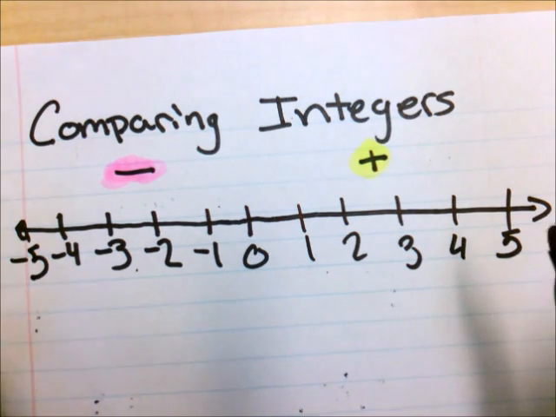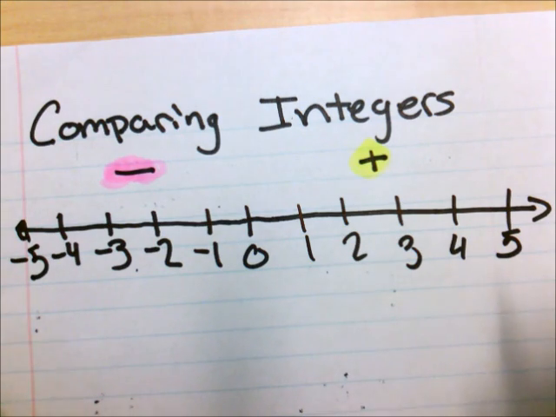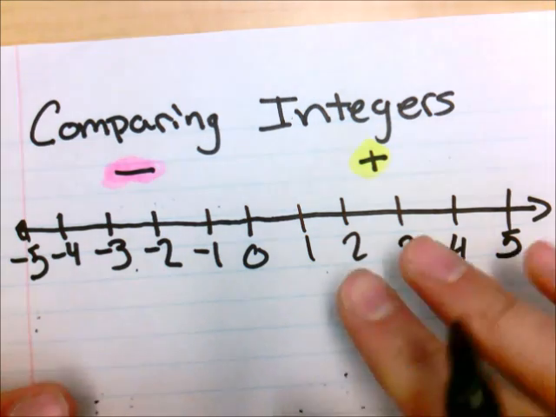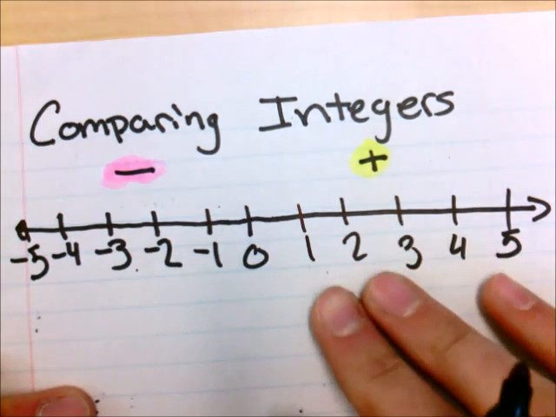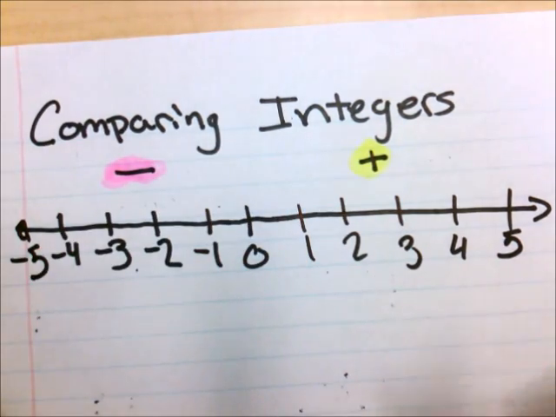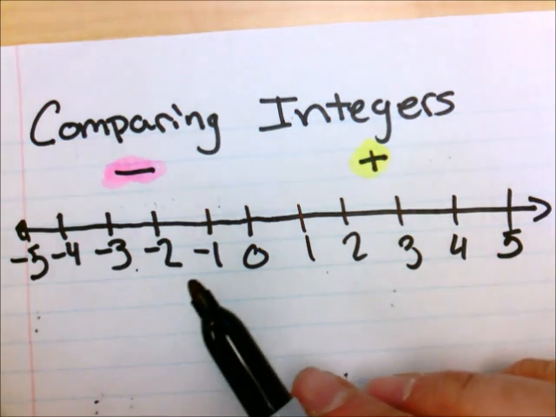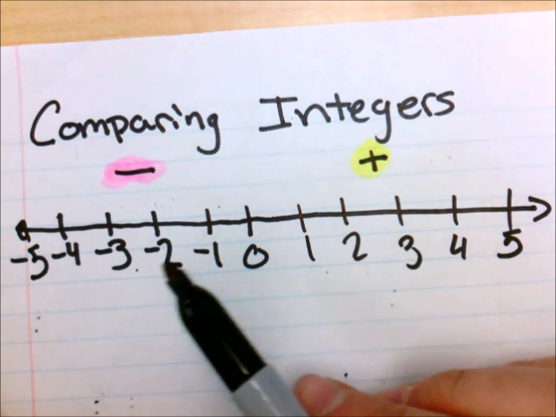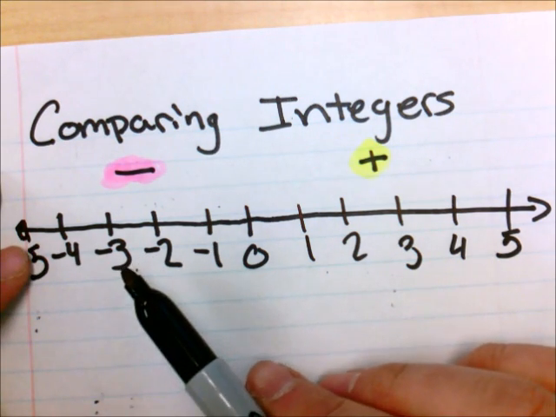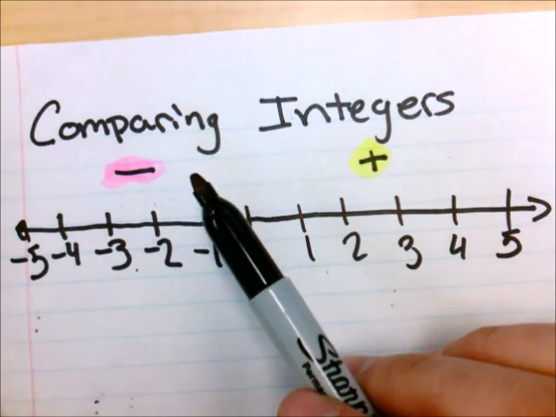So when I'm comparing integers, when I'm saying, okay, which one's bigger? We can start off with an easy one. I don't think we need to compare just positives because we know 5 is bigger than 4. We've learned that since kindergarten maybe. But on my left-hand side with the negatives, this is where it starts getting a little more confusing. The bigger the number is, 4, 5, 6, as we get negative, it's actually the smaller number.